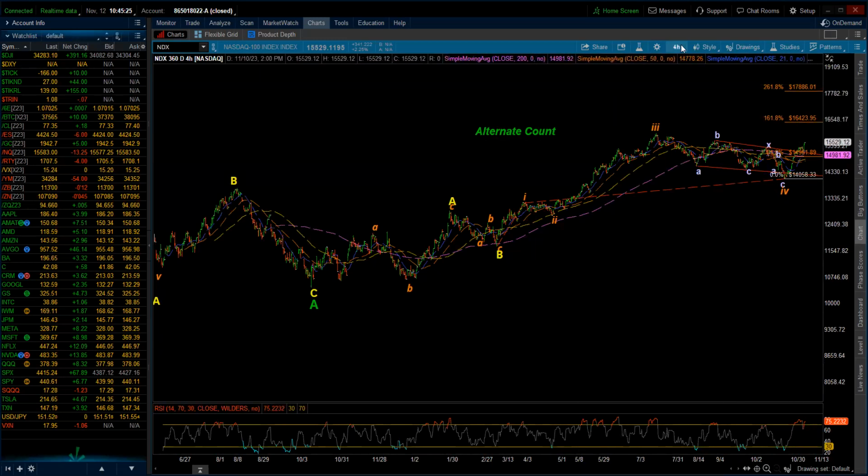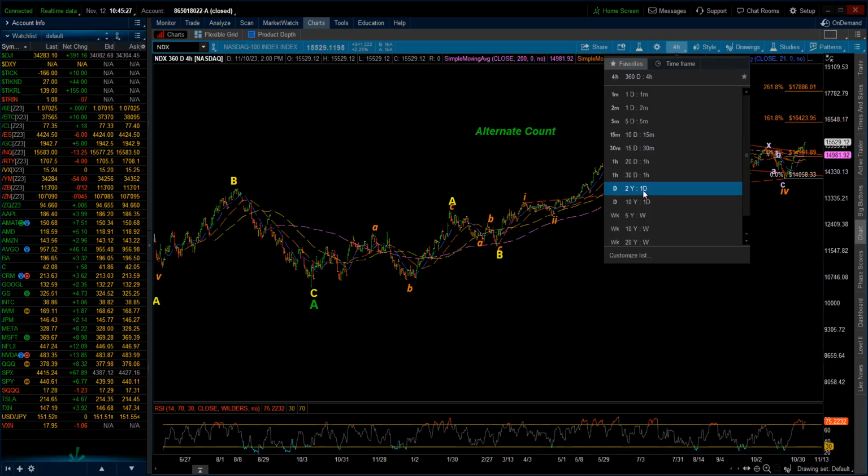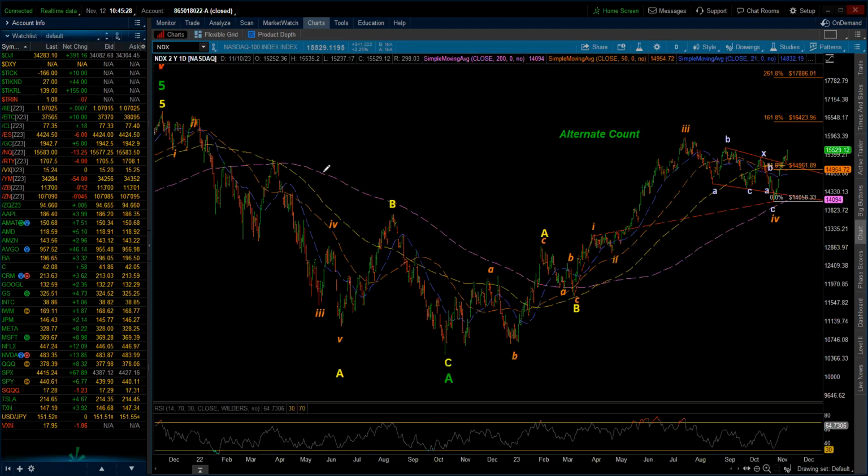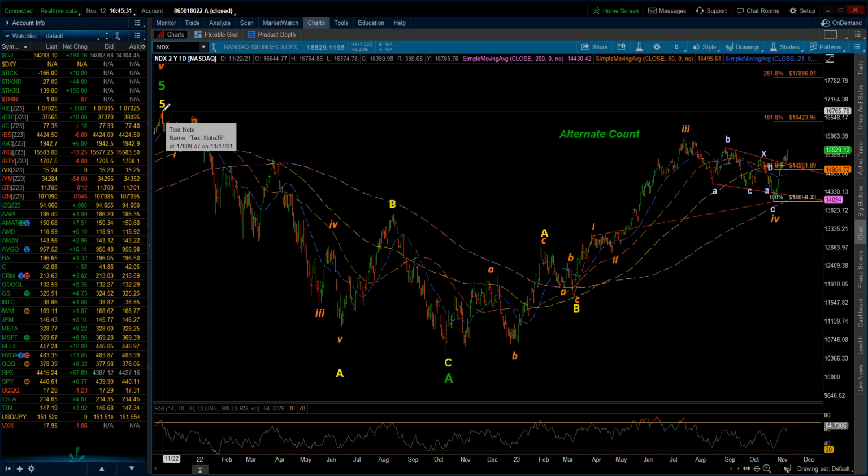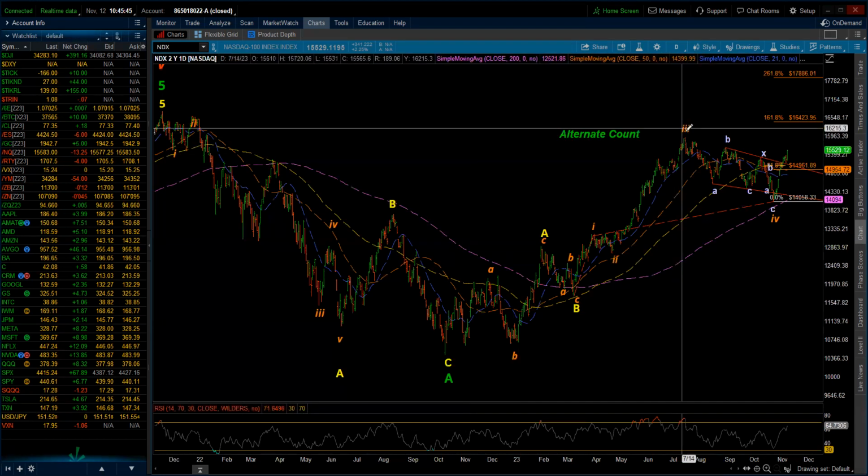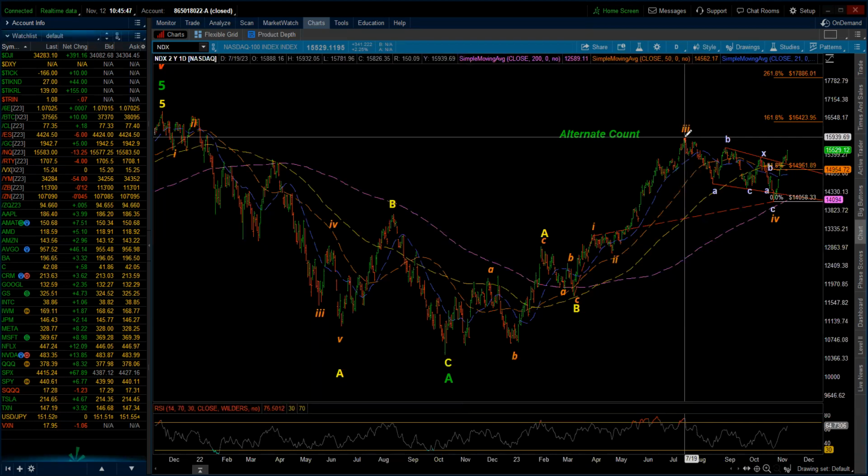And then we're into that alternate count. 16,765 is the all-time high right now. And breaking above that, if we hold below it, we'll do it at 16,423 and still put it in wave 5 and put it in a new high there.